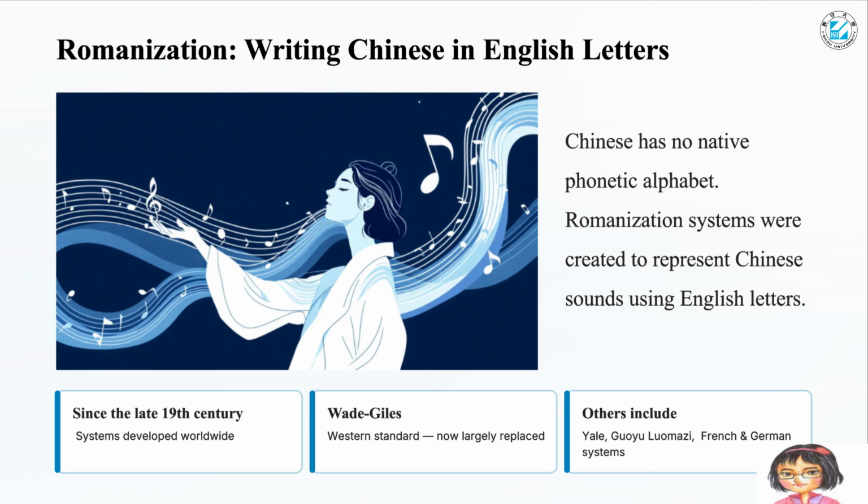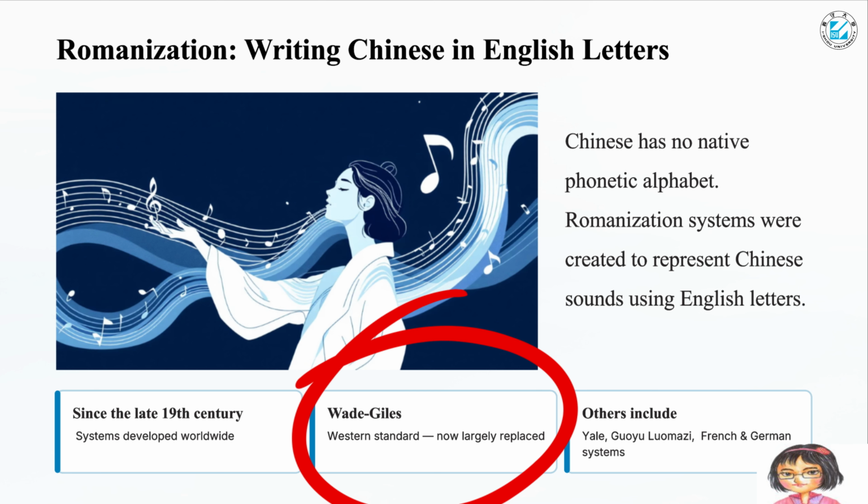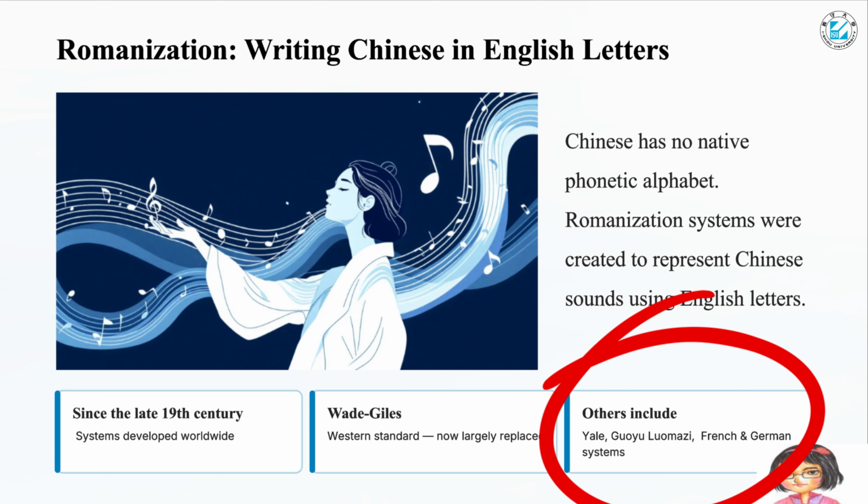And yet, in terms of writing, recording the sound, many people like to use alphabet. Okay, we can use alphabet to help us to remember how to pronounce the sound. Actually, since 19th centuries, there are several systems like Western-style systems or the system from French or German.